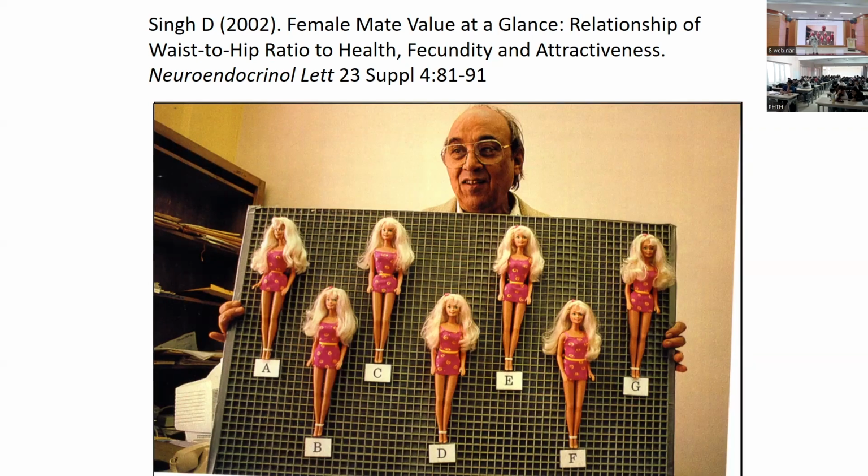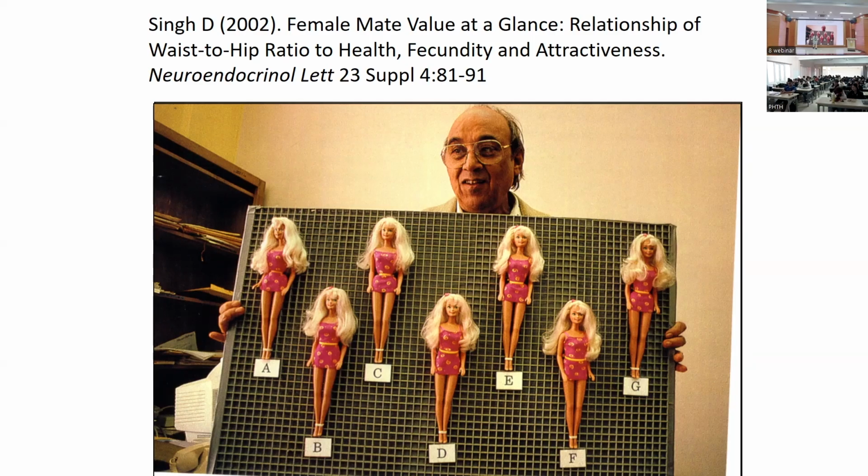Because many girls may grow up considering Barbie as a model, which is a completely unnatural model. So the waist to hip ratio of Barbie is not natural, it's just wrong, it's just not healthy.